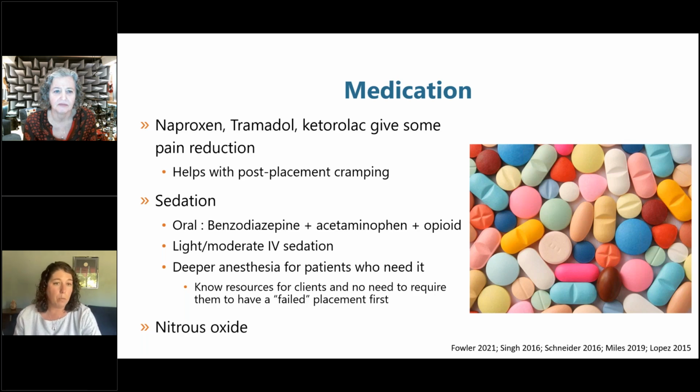If you are working somewhere where you have access to light to moderate IV sedation because you're doing other types of procedures, consider whether that can be extended to your IUD clients, if that's a possibility.